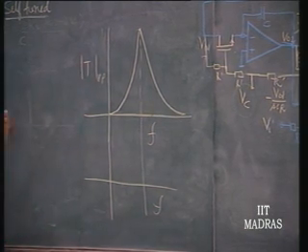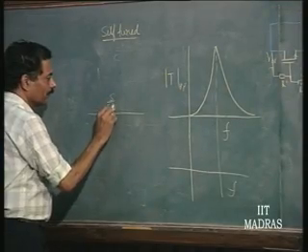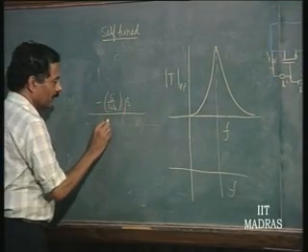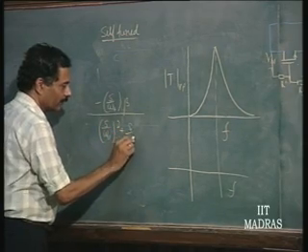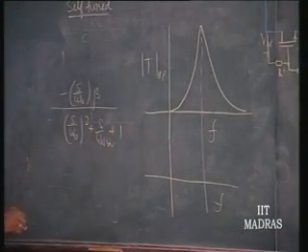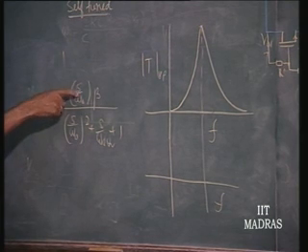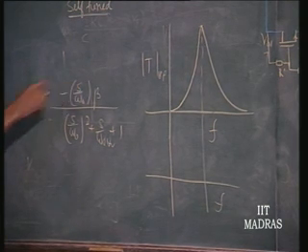Let us have this characteristic: S by omega naught, minus beta S by omega naught, divided by S by omega naught squared plus S by omega naught Q plus 1. Phase of this is 90 degrees, numerator.